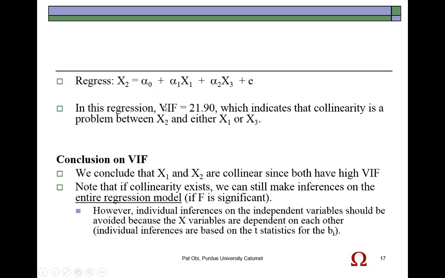But when I calculate the VIF, I find it to be almost 22, meaning that the variance of B2 is about 22 times as large as it should be. Keep in mind, the variances we speak to here are with respect to the coefficients, not the variables.